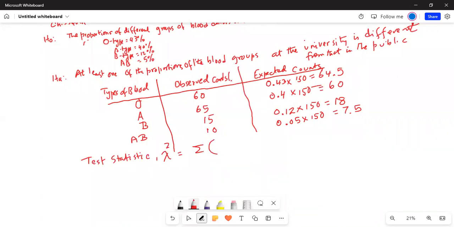This observed count is called O. The expected count is called E. Okay. And with K minus 1 degrees of freedom.